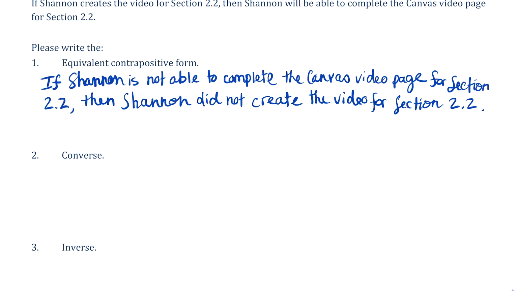So that is the equivalent, note that word, contrapositive form.